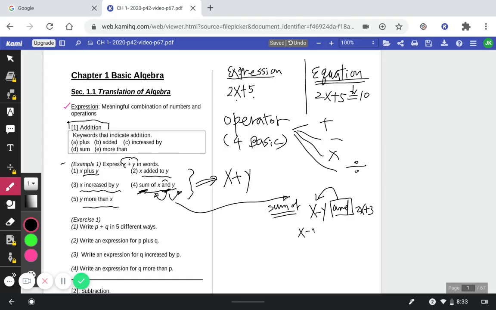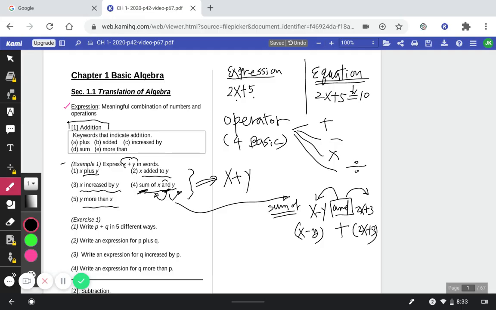It is x minus y. So you're adding that with whatever is after 'and', 2x plus 3. So 'and' is the keyword that tells you what is prior and what is after, the expressions that you're adding.